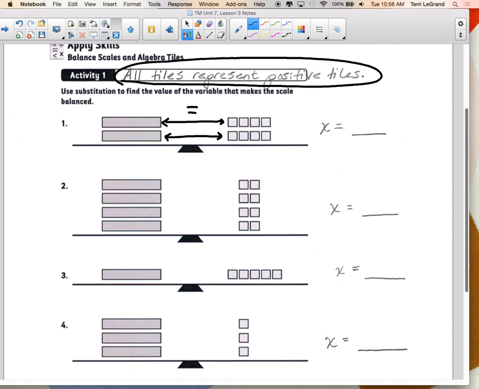It's 4. 4 of these moved over here in place of the X tile. So if I wanted to replace these with 4 unit tiles, we'd have 4 unit tiles equal to 4 unit tiles. Okay?